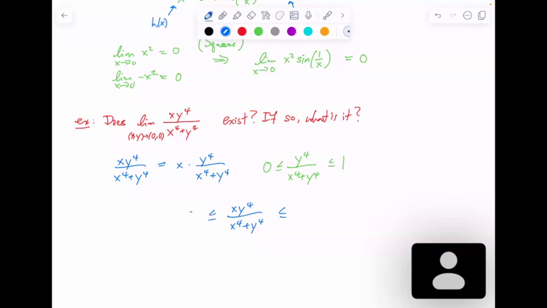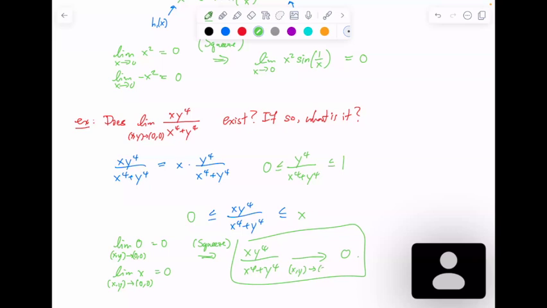I could squeeze this by 0, and I could squeeze this by x, from the x times the upper bound 1. On the left-hand side, this is a constant 0, so the limit is 0. On the right, the limit of x is also equal to 0. So by squeeze, this goes to 0 as x y goes to 0, 0.